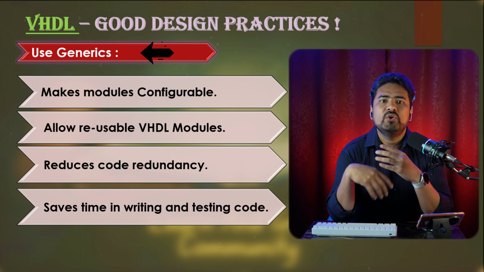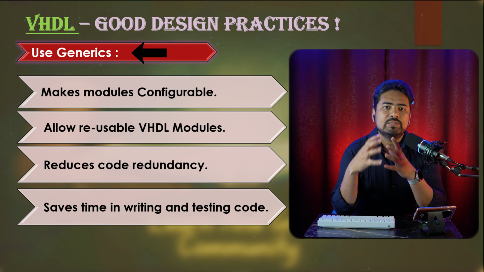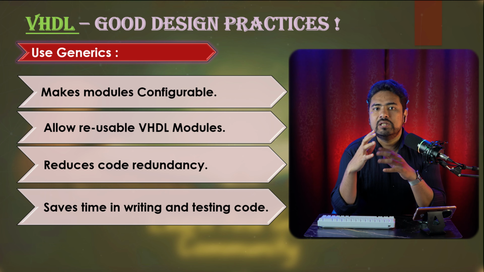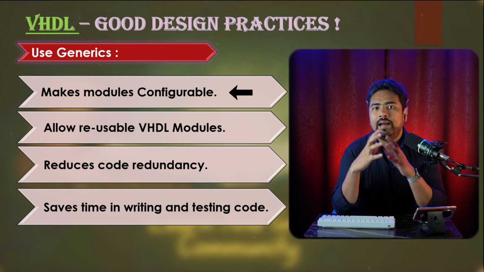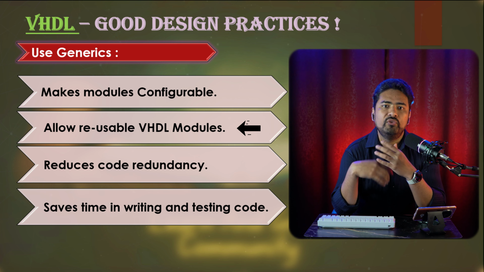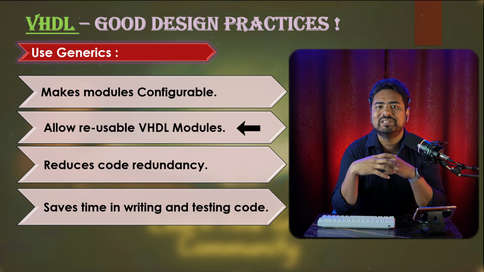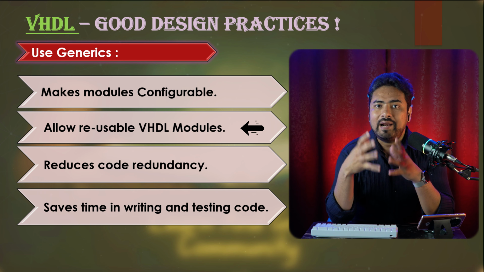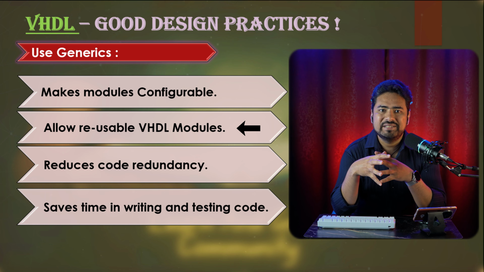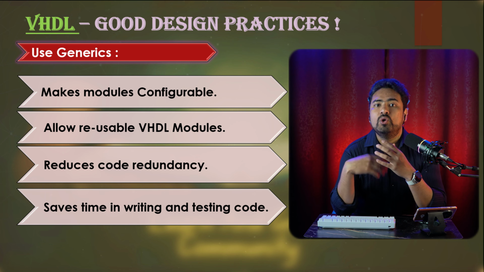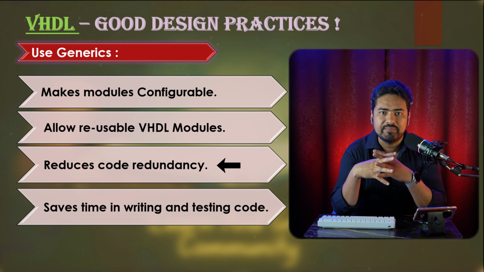Next step is the use of generics. Try to use generics as much as possible in your designs. This will help you to reconfigure modules very easily and hence you can reuse your VHDL modules in different designs with very small changes. It means you can write your designs with less code and also fewer mistakes, and it can save you a lot of time because now you have reduced your code redundancy.